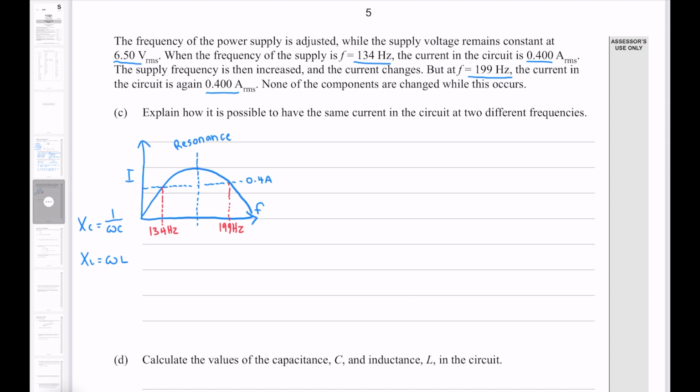Meaning that if you increase our frequency, our capacitive reactance goes down, whereas our inductor reactance goes up.